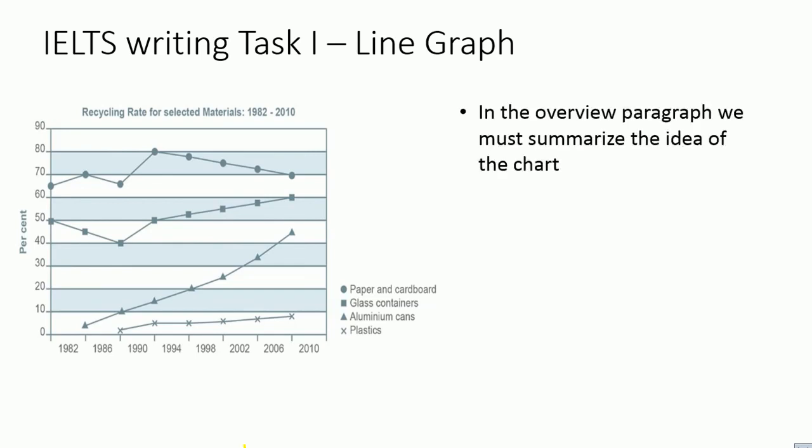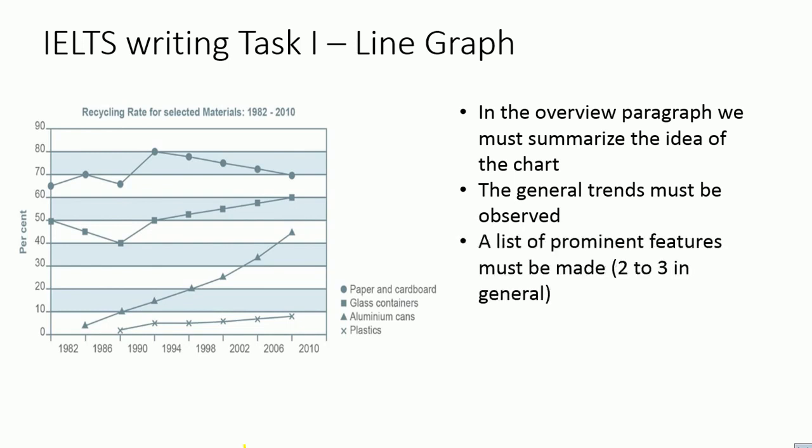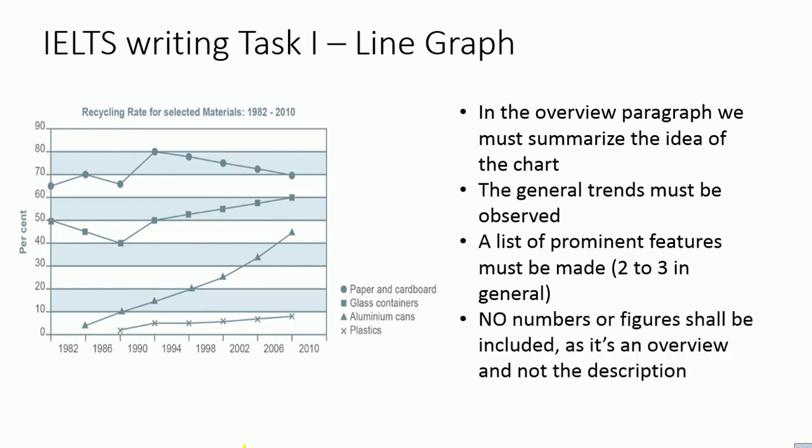Now, for the overview paragraph, we must summarize the idea of the chart. The general trends must be observed. A list of prominent features must be made, 2 to 3 in general. No numbers or figures shall be included, as it is an overview and not the description.